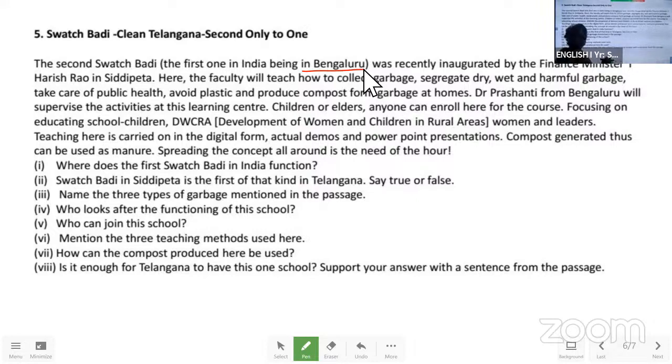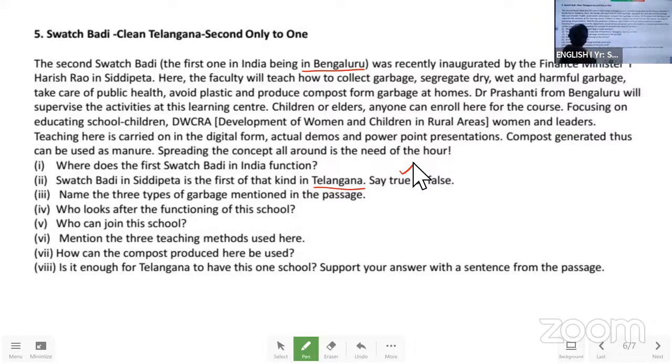Swachh Buddy in Siddipet is the first of that kind in Telangana. Say true or false? Bangalore is not in Telangana. So here the answer is true. Please do not write false, because though it is second in India, in Telangana this is the first Swachh Buddy.